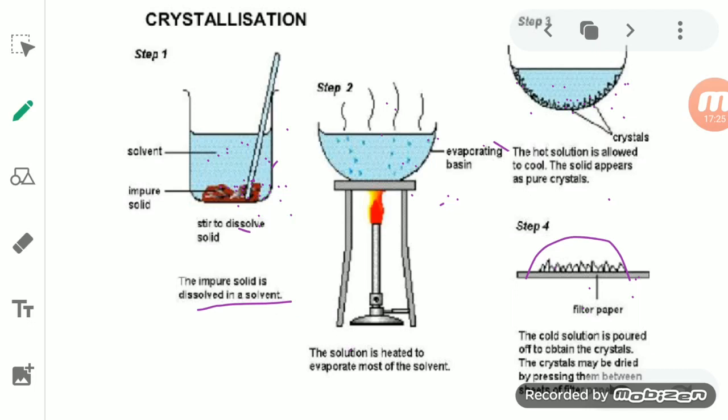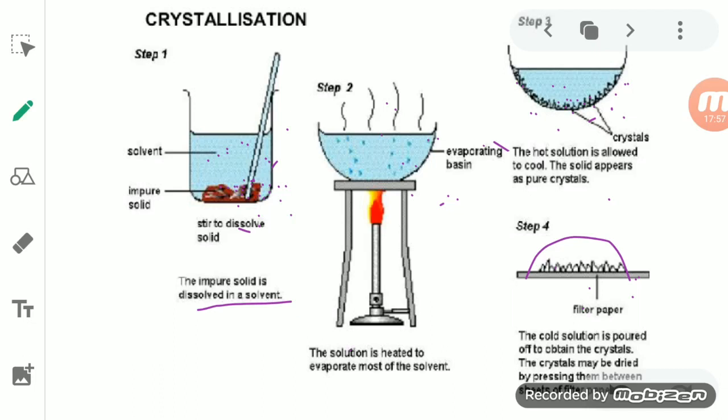Then we pour this solution with the crystals onto a filter paper, and finally you will obtain blue colored crystals of pure copper sulfate on that filter paper, and the impurities will remain in the solution and pass through the filter paper.